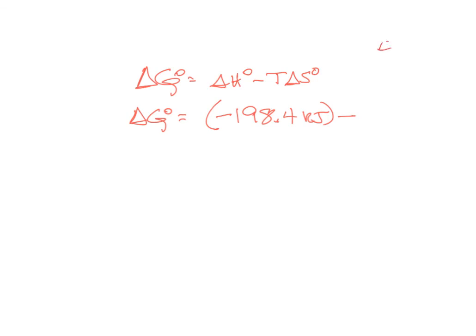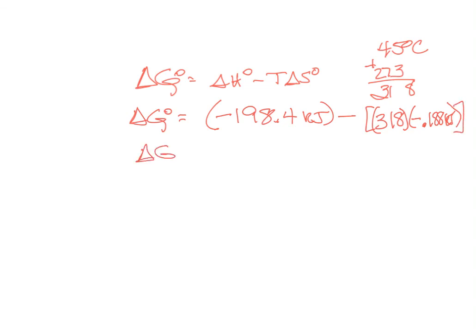The problem gave us 45 degrees Celsius, so the Kelvin value is 318. 318 Kelvin times the value we got for change in entropy, in kilojoules and rounded a little bit.